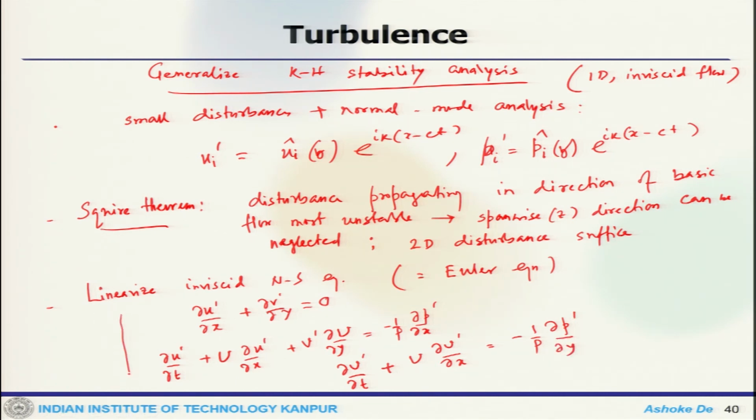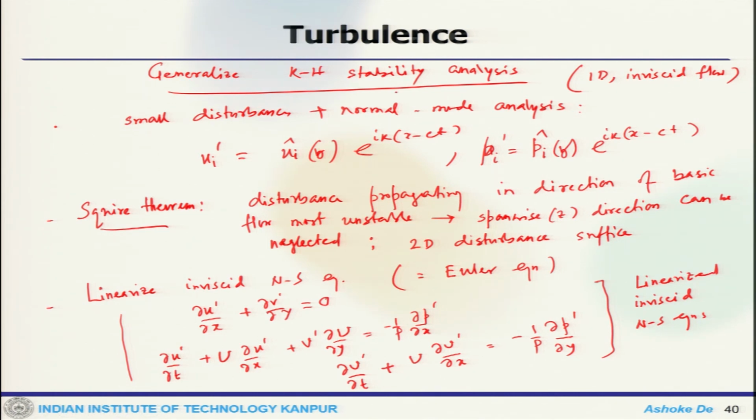So, these are the set of linearized inviscid NS equations. So, first one from continuity, other two from the momentum.